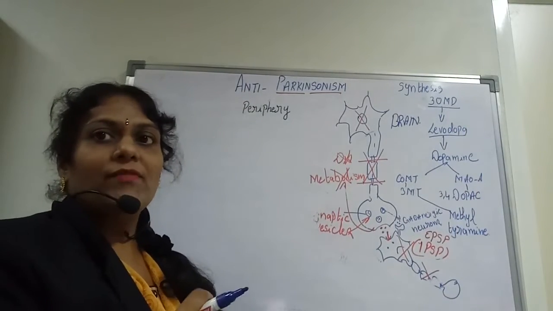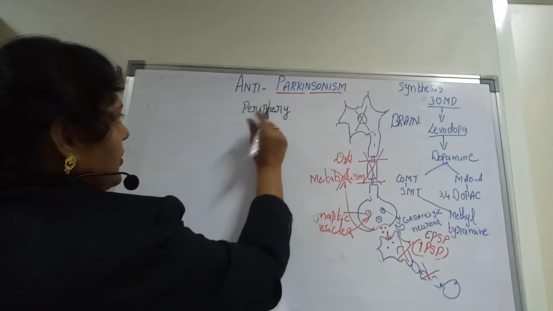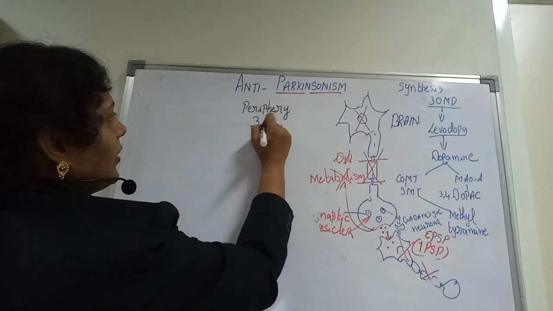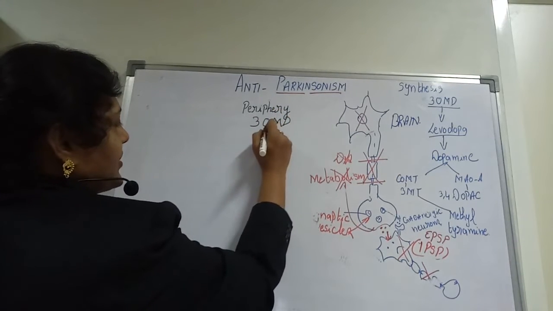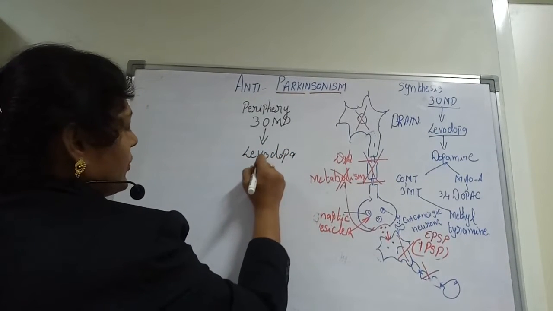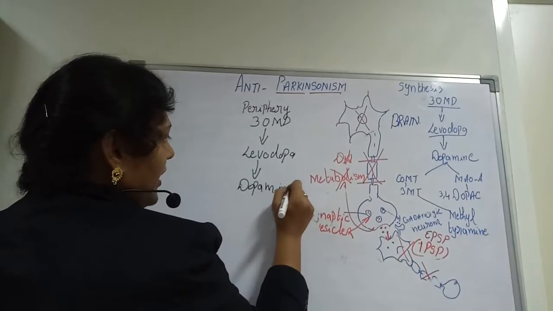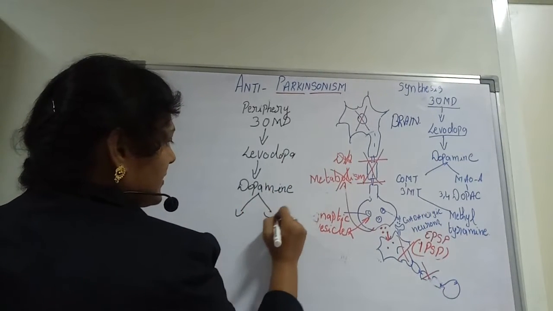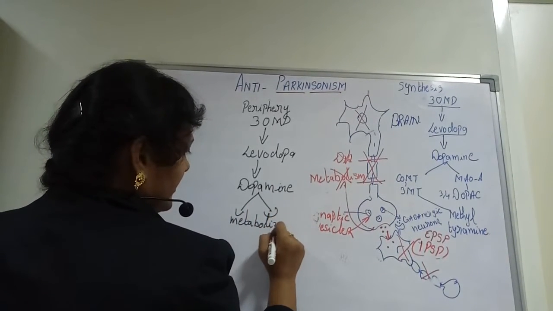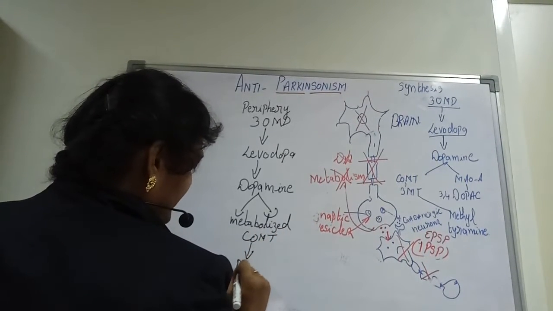What is levodopa? Levodopa is called the precursor of dopamine, and levodopa is very useful. (3-OMD), which is converted into levodopa, and levodopa is converted into dopamine, and dopamine is being metabolized by COMT into DDC.